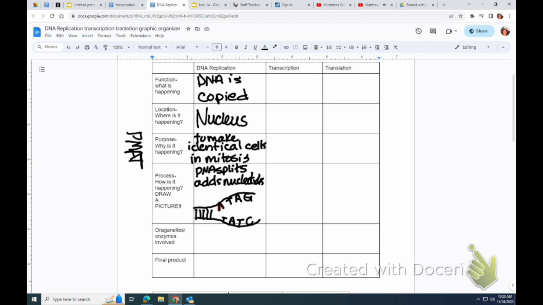So my new strands would be T, G, T, C, right? And that's on one side. And on the other side, I would have A, T, A, G. So what I've drawn in red is the new copy, right? And what is in black is the original strand.